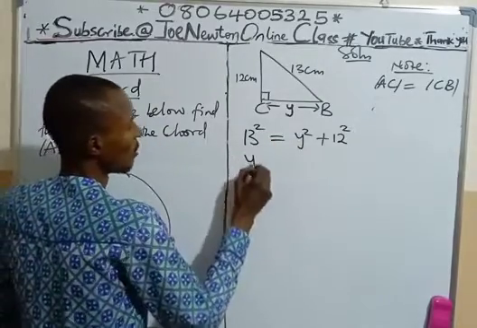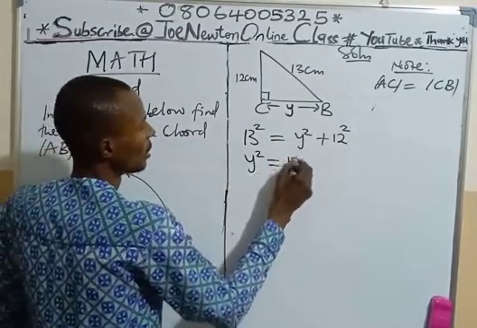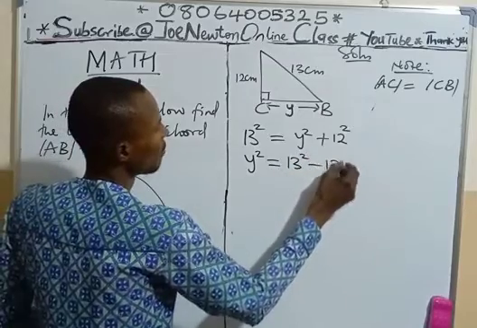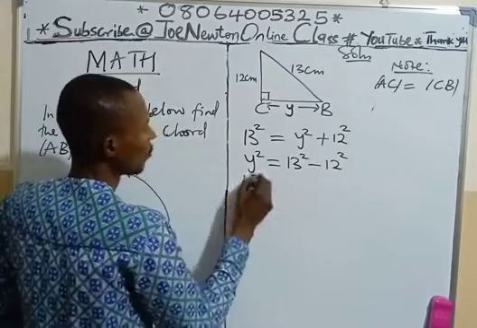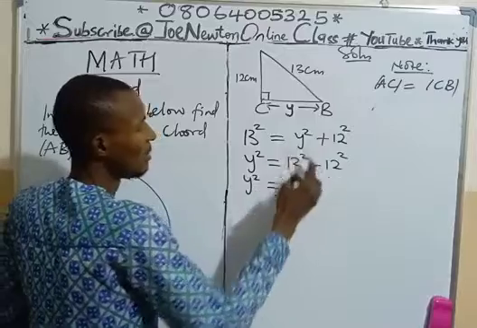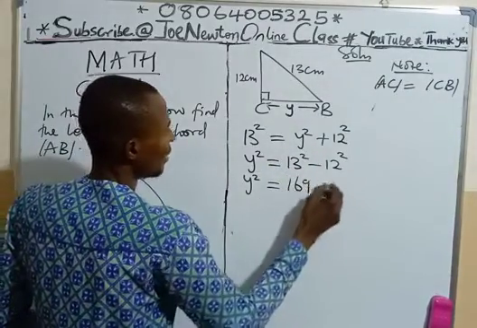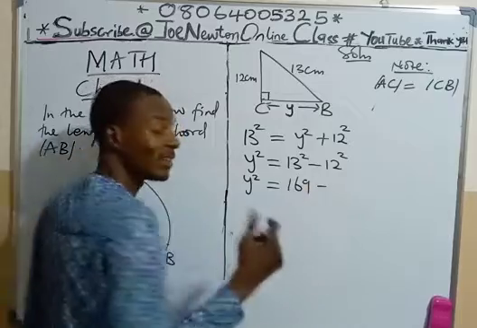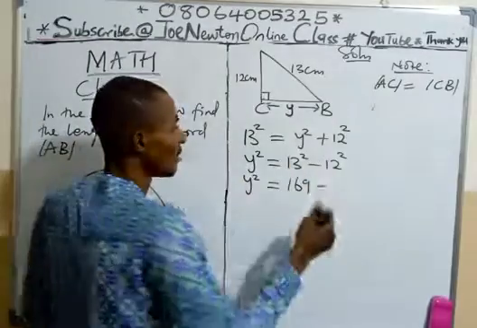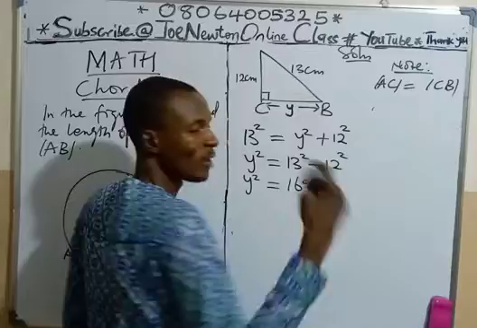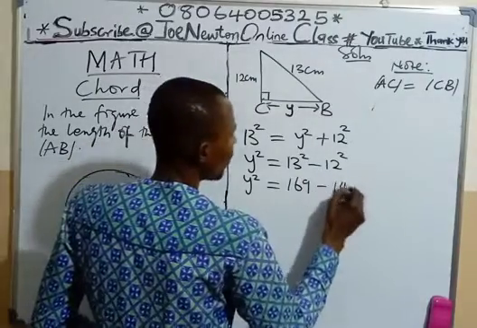Making y squared the subject of this formula, y squared will be equal to 13 squared minus 12 squared. Therefore, y squared will equal 13 squared, which means 13 times 13, and that is 169. Then minus 12 squared, which means 12 times 12, which is 144.